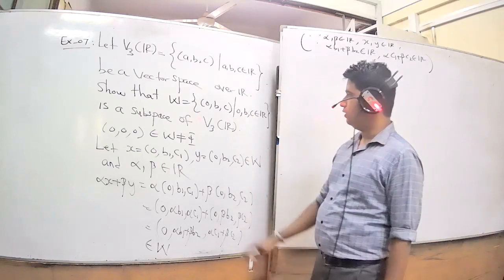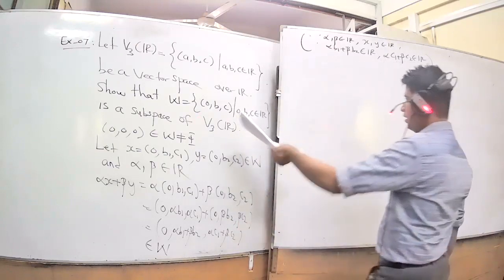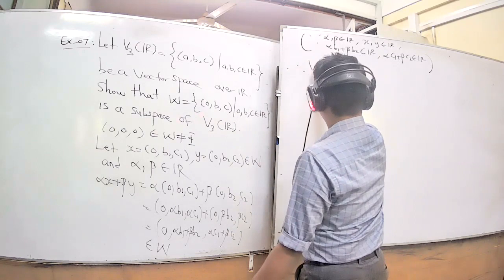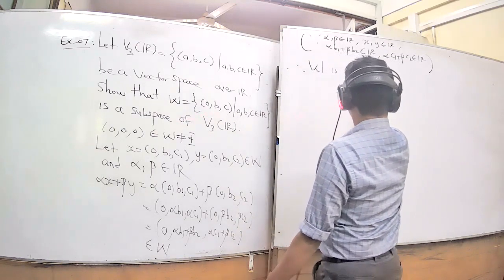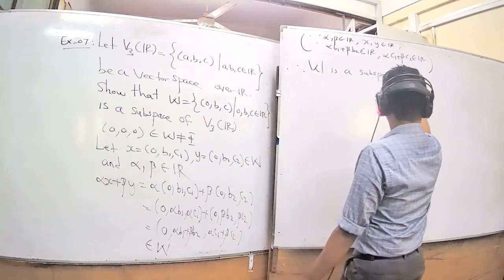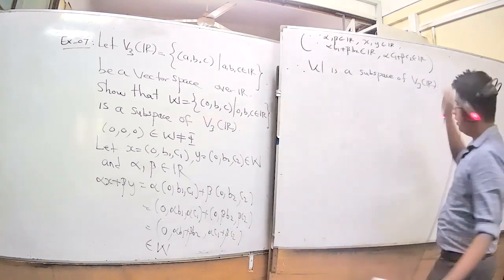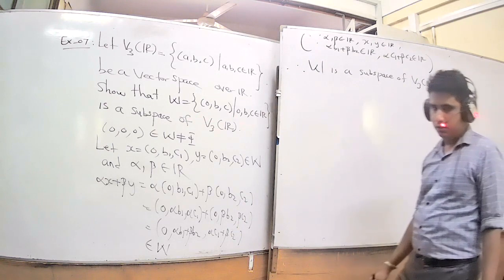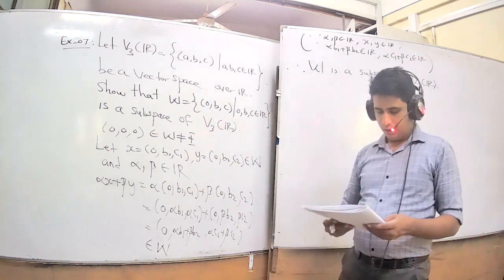Therefore W is a subspace of V3 real number.